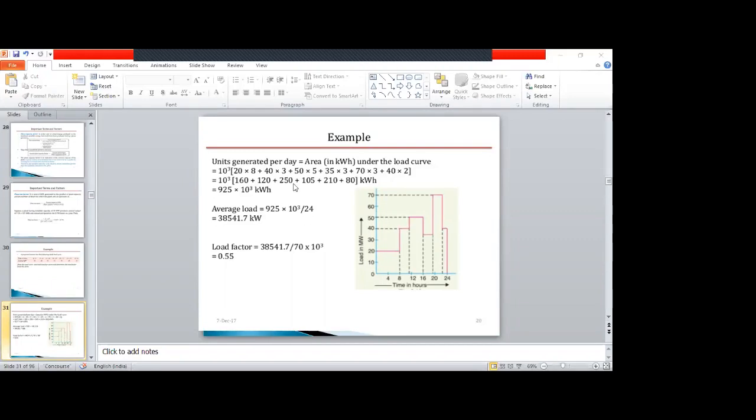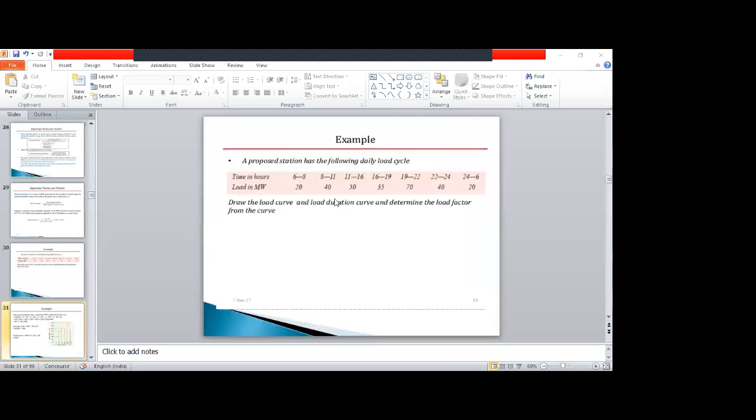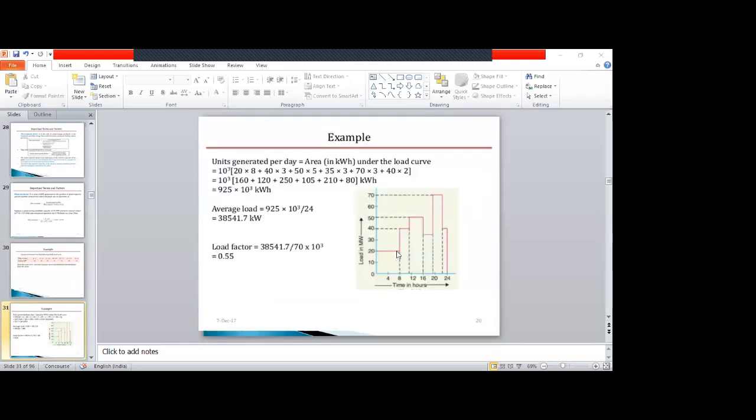It is given here 6 to 8, 20 megawatts. You have to understand that is morning. Then 8 to 11, 40 megawatts.